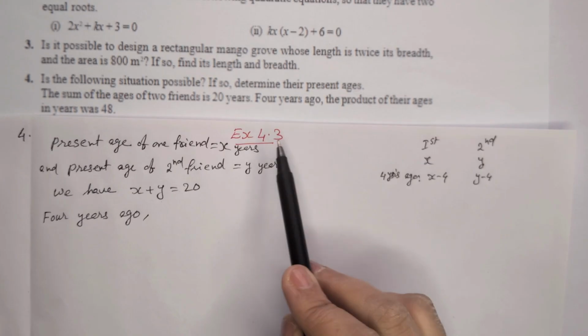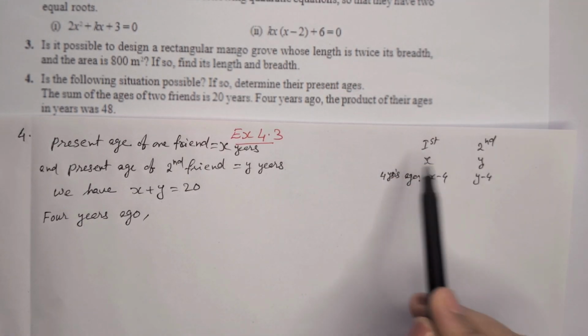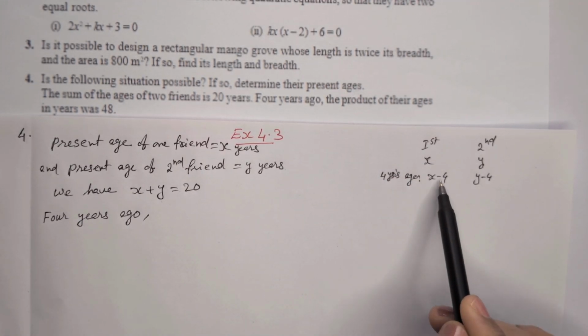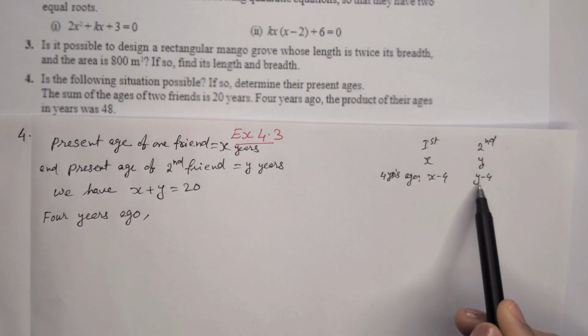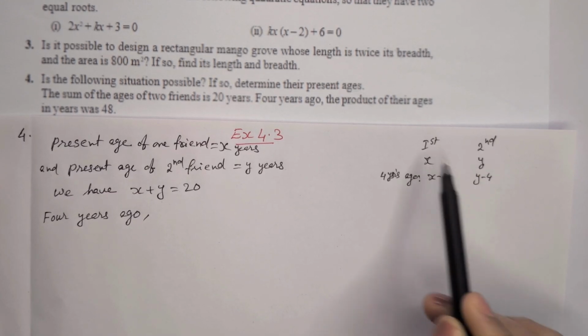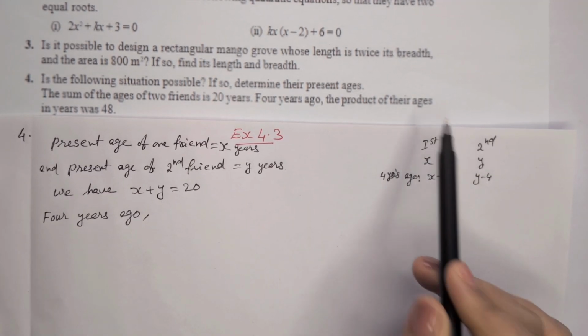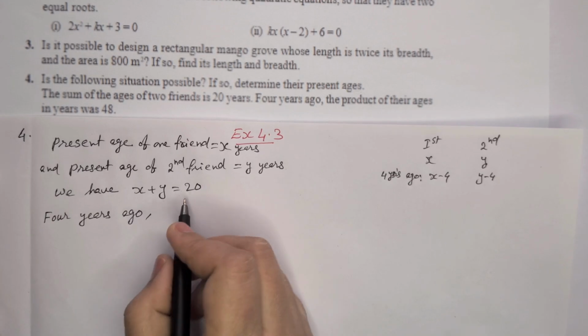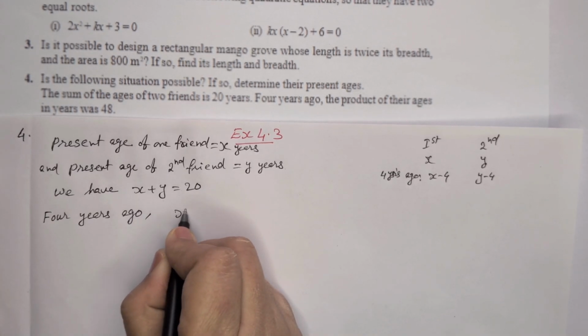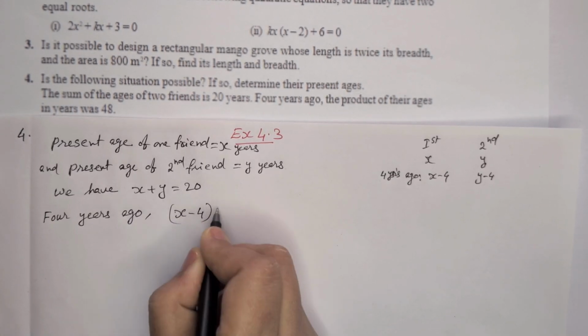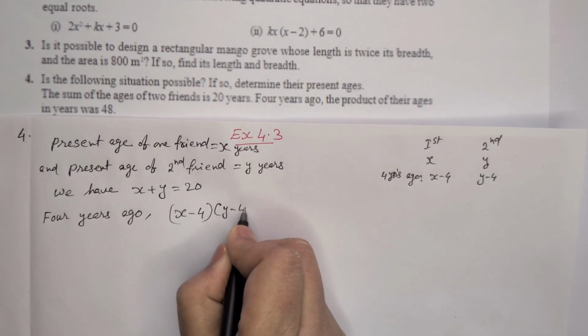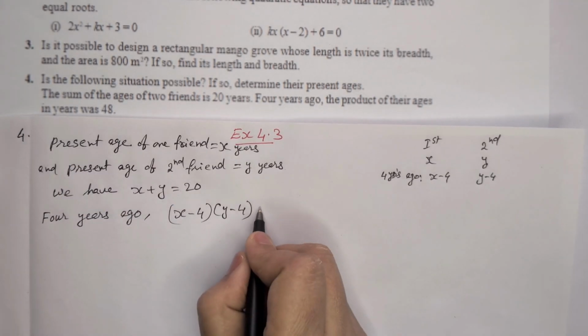Then 4 years ago, 4 years before, their ages will be x minus 4 for the first one, and y minus 4 for the second one. The product of their ages 4 years before, that means x minus 4 into y minus 4, is equal to 48.